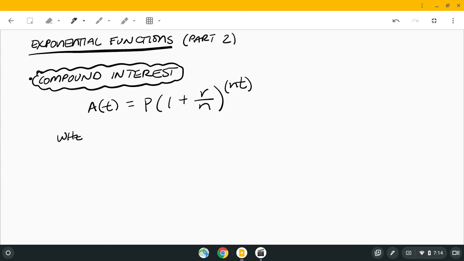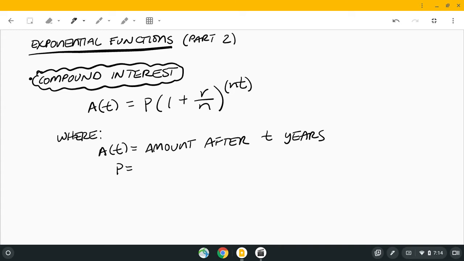Where A of t is the amount after t years. That's your final amount. P is the principal, so that's your initial amount.